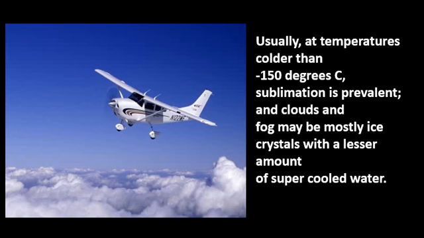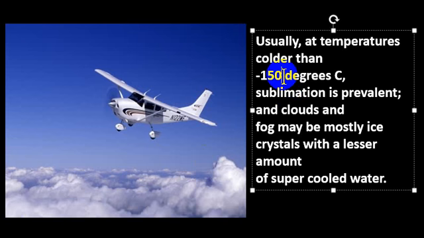So usually at colder temperatures than negative 15 degrees, sublimation is prevalent. All right. So you might just get ice crystals striking the aircraft, not necessarily freezing on impact. They could attach, maybe, because there could be a variation in temperatures, but in really super cold environments, in my experience, it could be like negative 30 degrees, and you can fly through a cloud.